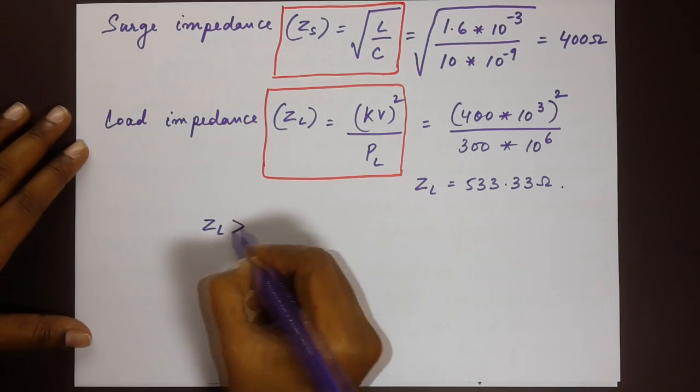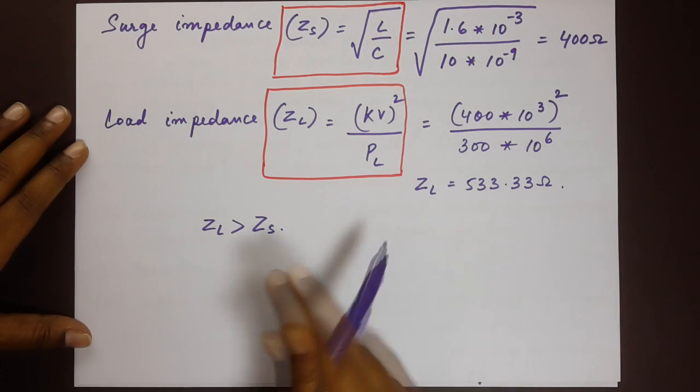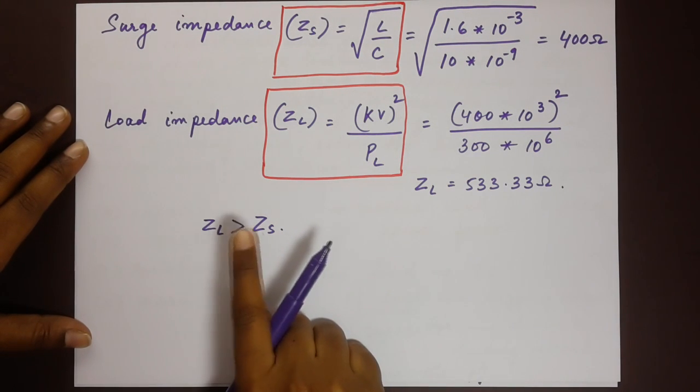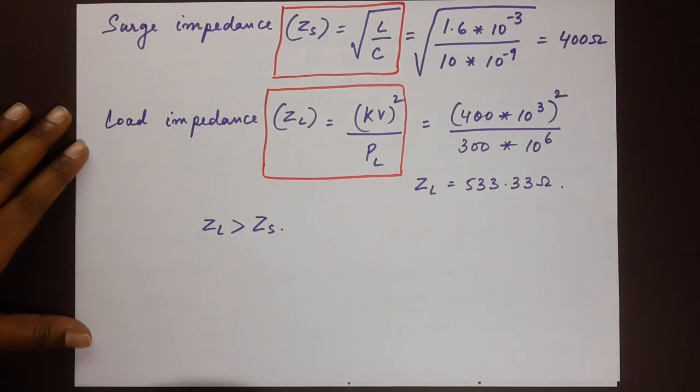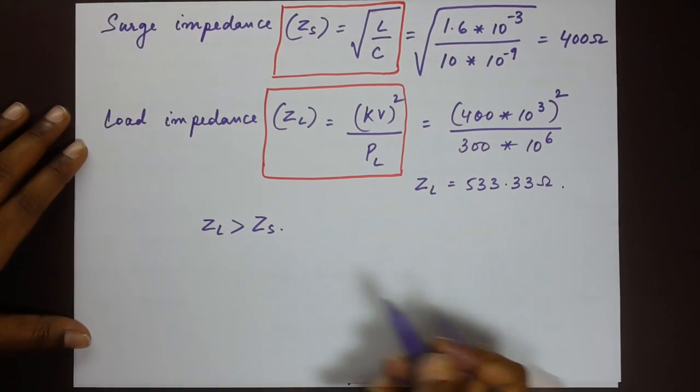Now this tells us that the load impedance is greater than the surge impedance, right? So ZL is greater than ZS. Now when ZL is greater than ZS, that indicates that the receiving end voltage will be more than the sending end voltage.